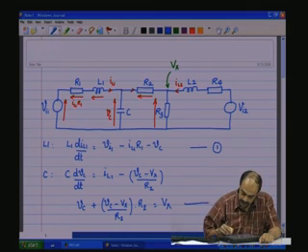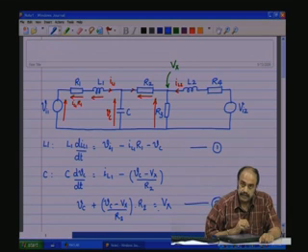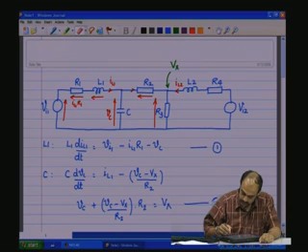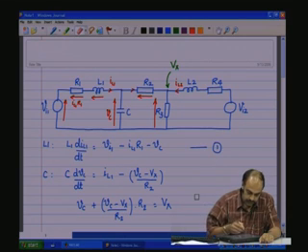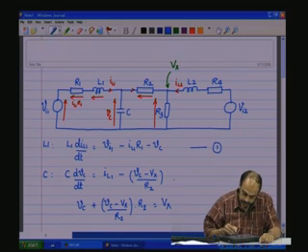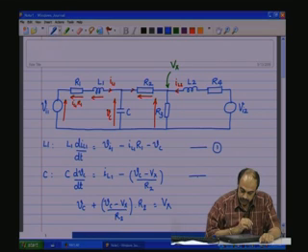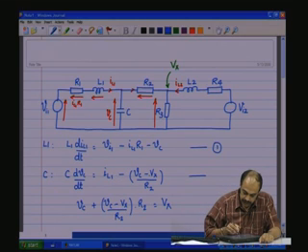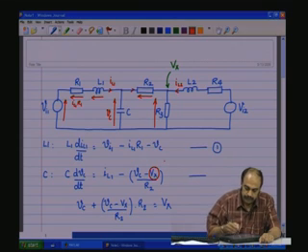The second equation is the C dVc by dt equation, which is equal to the current through the capacitance, which is IL1 minus Vc minus Vx by R2. Here there is this new intermediate variable coming into the picture.